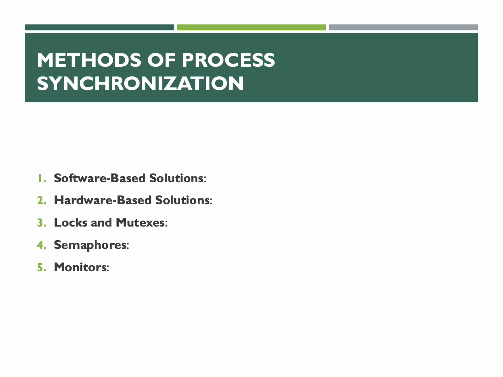Okay, now let's explore some different methods used in operating systems to achieve process synchronization. We have software-based solutions, which are algorithms that ensure mutual exclusion without relying on specific hardware instructions.